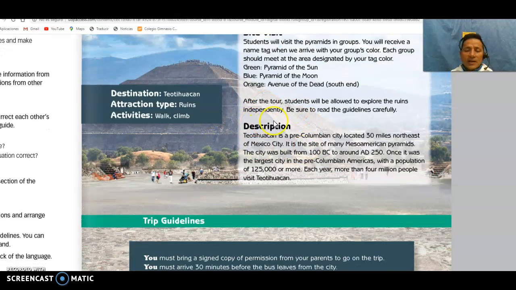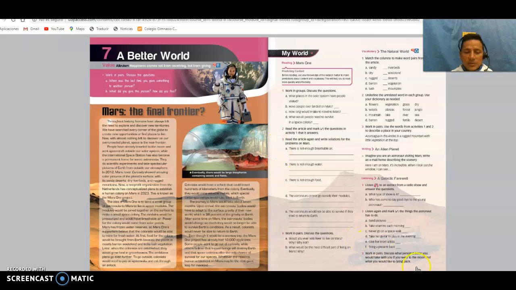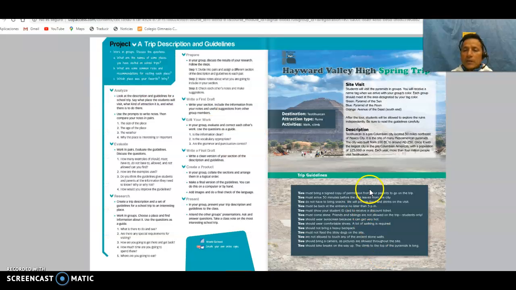So this is an idea about that. So it's telling us that it's possible to do the trip guides.